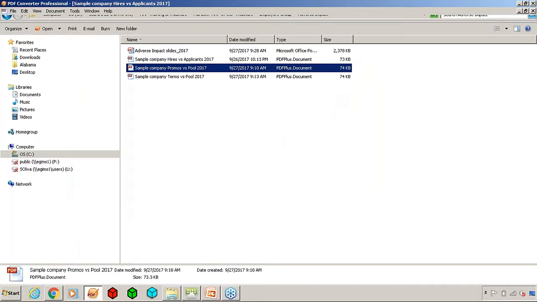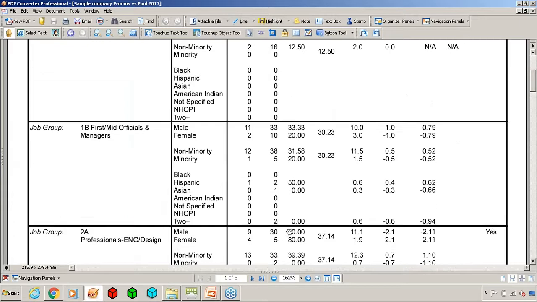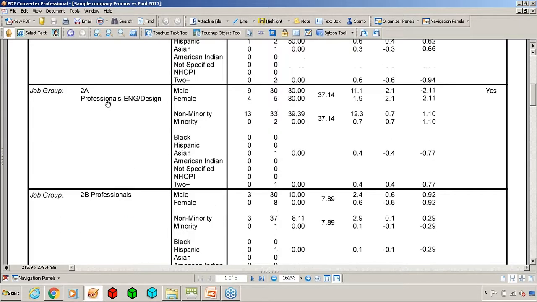This is a similar view. It's a similar looking report. And in this case, it looks like professional engineers and design. We had 30 males apply, 9 were hired at a 30% rate. 5 females, 4 were hired at an 80% rate.